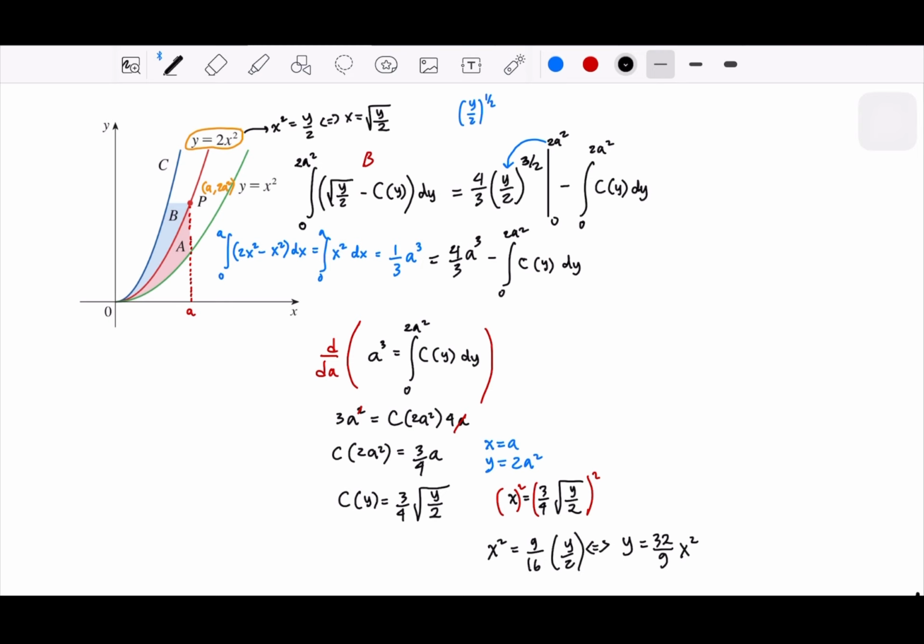It's over 2. Half plus 1 is over 2, so around 3.